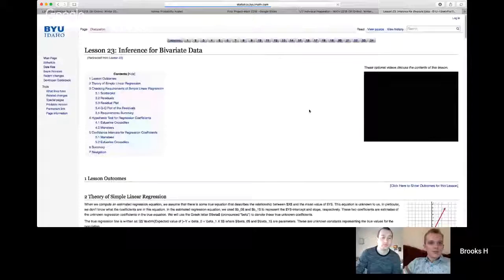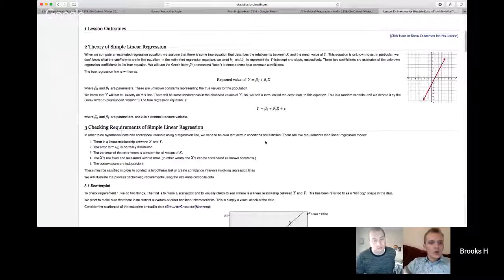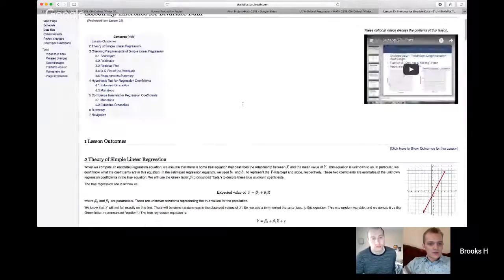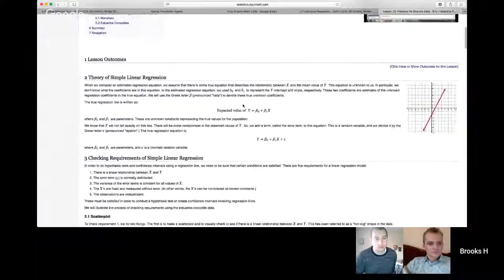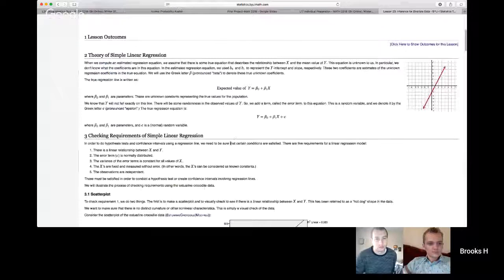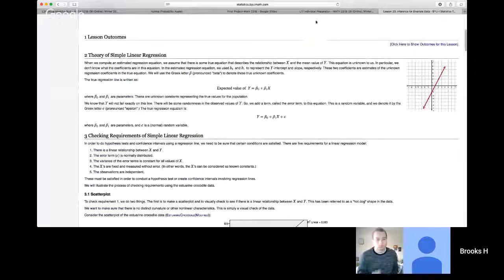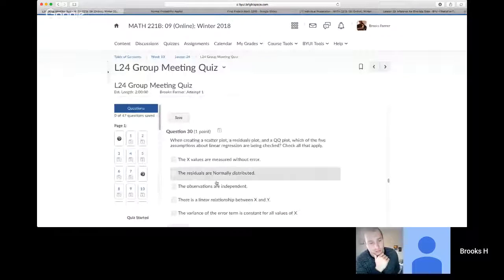So, linear relationship. Normal error term. It's like number 3, checking requirements. All right, there's a linear relationship. Check.